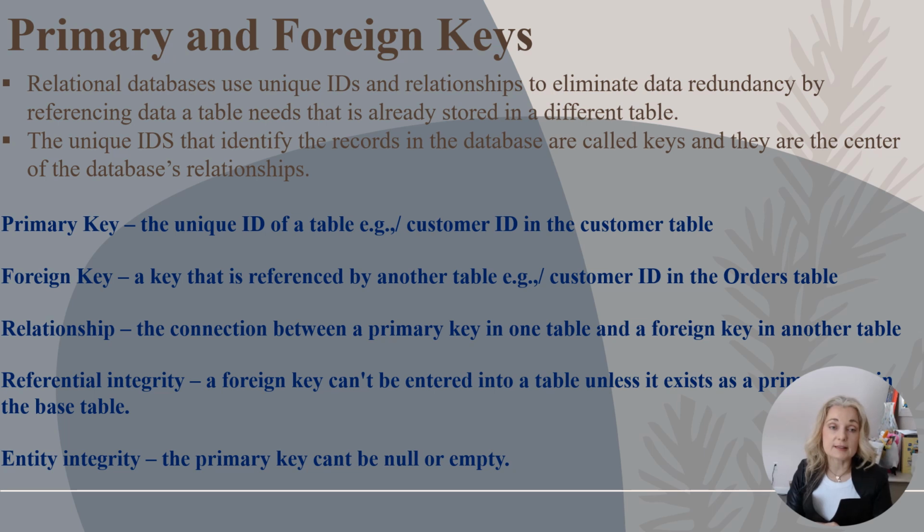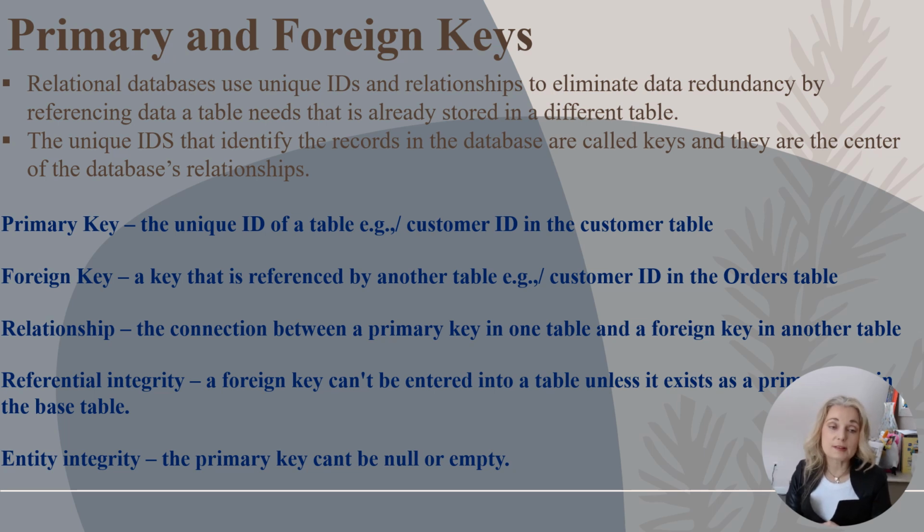The unique IDs identify records in the database, and they are called keys, and they are the center of the database relationships. So the primary ID is the unique ID of that table. So each record in that table has a unique ID, such as a customer ID in the customer table.